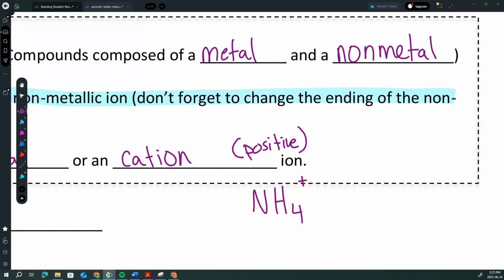Even though nitrogen and hydrogen are both nonmetals, this polyatomic ion has a positive charge, and that's why it counts as an ionic compound, because all ionic compounds start with either a metal or a cation.